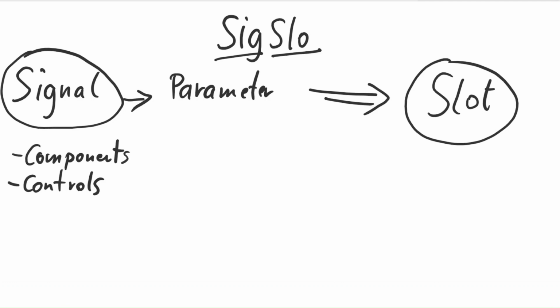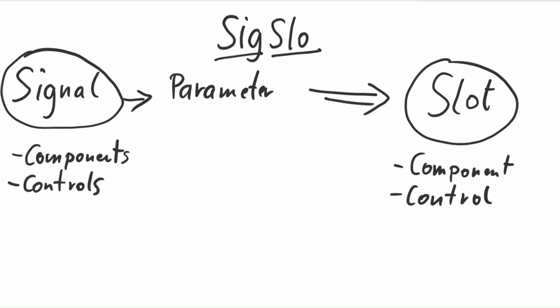Slots you also find in components. So a component can be a slot. You send some user input right into the input of a component, or a slot can also be a control. So that you can send data right here.